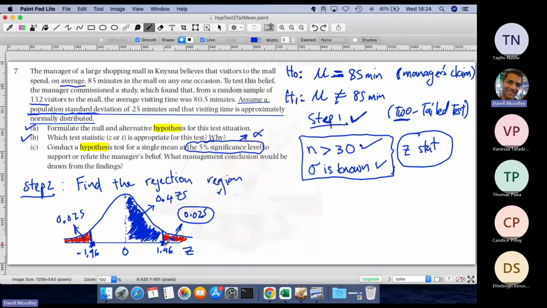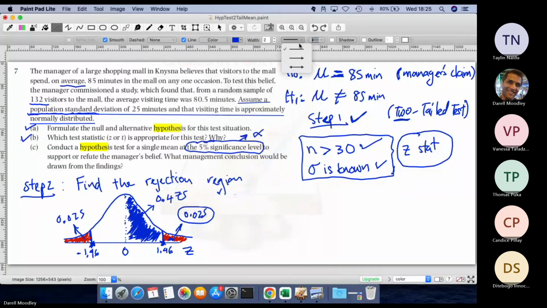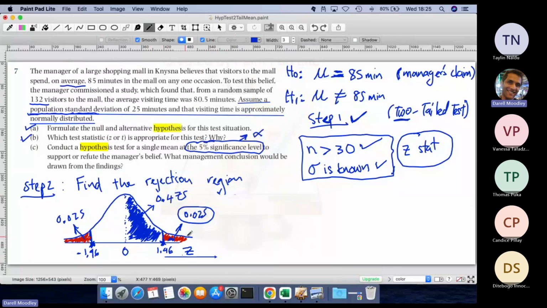Now, why these values are important is because in our next step, if we calculate a value that's above 1.96, so in other words, let me draw this here. If I have a value that's 1.96 or greater, then that means it's going to fall in my rejection region. And the same thing for the left. Okay, so I'm going to draw an arrow there.